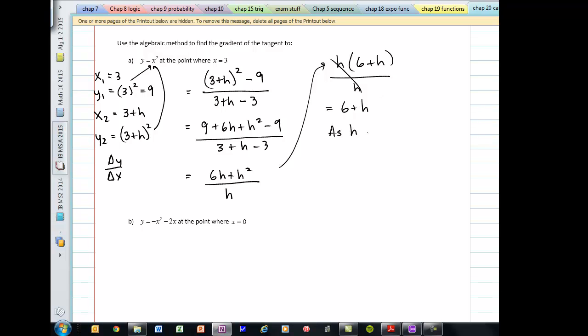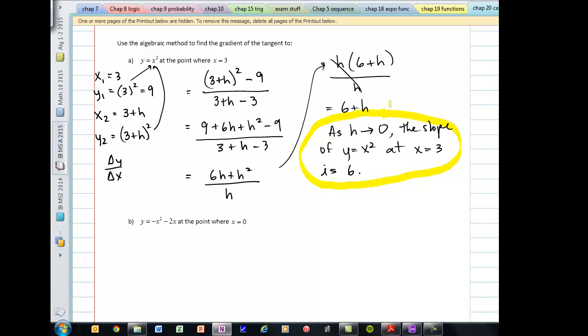So as h approaches 0, the slope of y equals x squared at x equals 3 is 6. Alright, when you answer these questions, you don't necessarily have to write this sentence here that I'm writing.